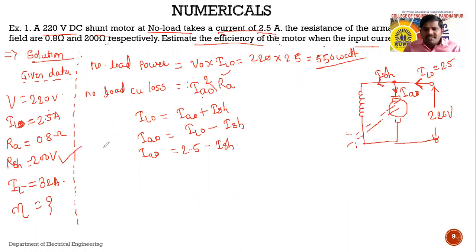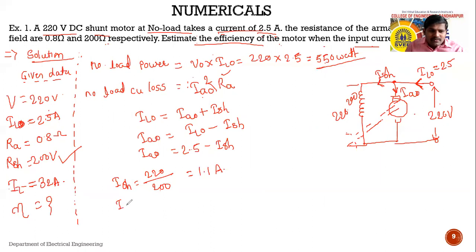According to Ohm's law, V is equal to IR, so I is equal to V divided by R. The voltage across this field winding, in parallel the voltage remains the same, is 220, and resistance is given, equal to 200. So Ish is equal to V divided by R, that is 220 divided by 200, which is near about 1.1 ampere, right? So the value of Ish is 1.1 ampere.